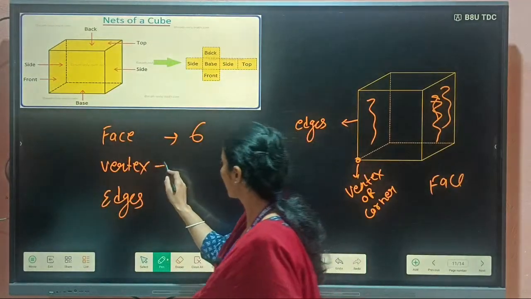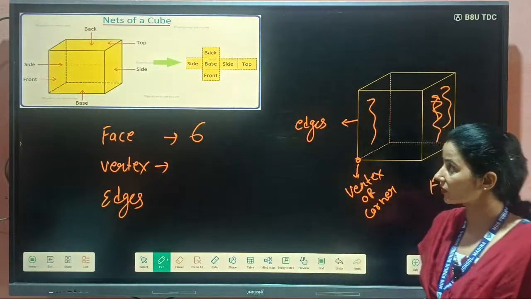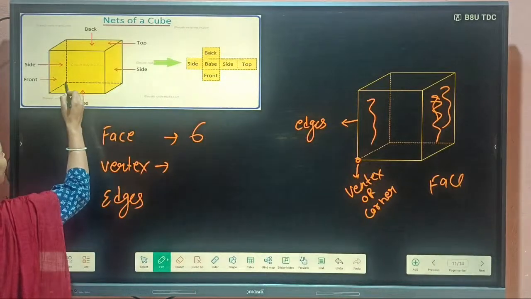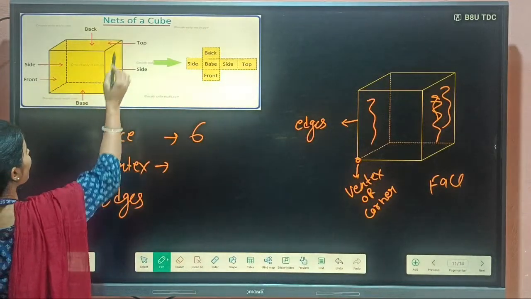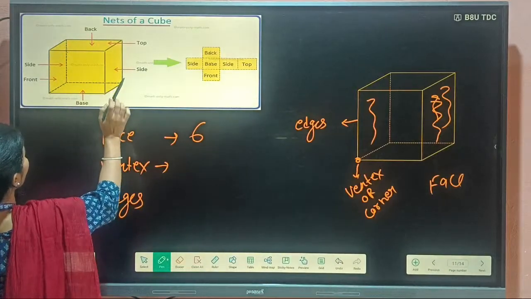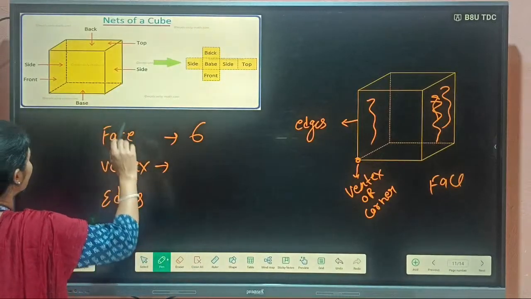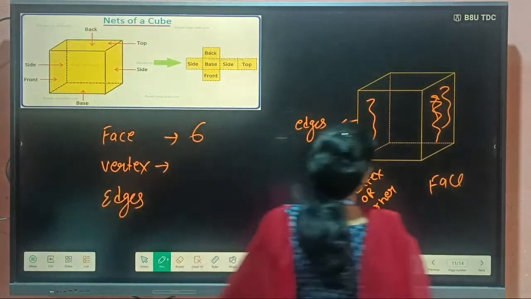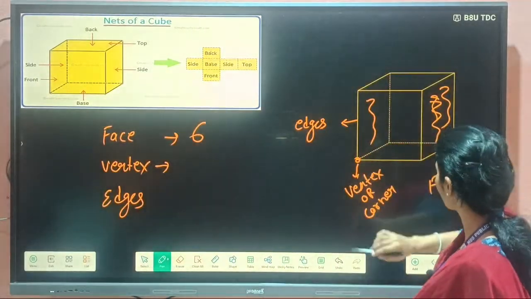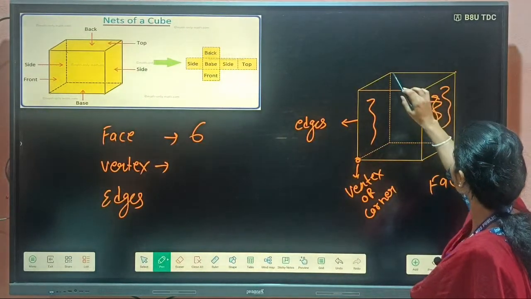And vertices, what are vertices? Where edges meet, that point is called a vertex. Count the number of vertices in your cube. Once more, in this figure we are counting vertices: 1, 2, 3, 4, 5, 6, 7, 8.